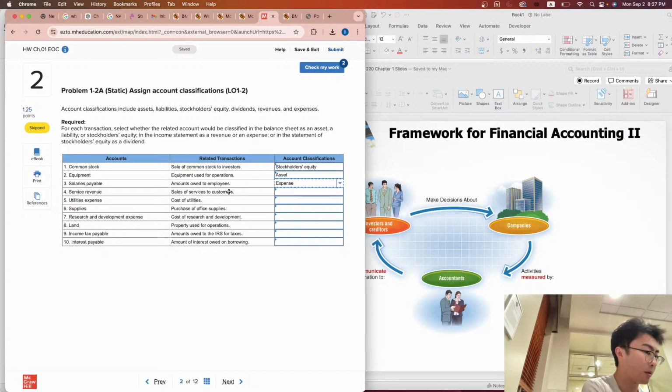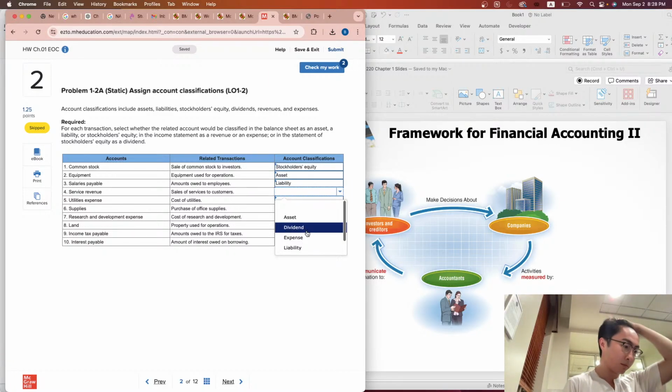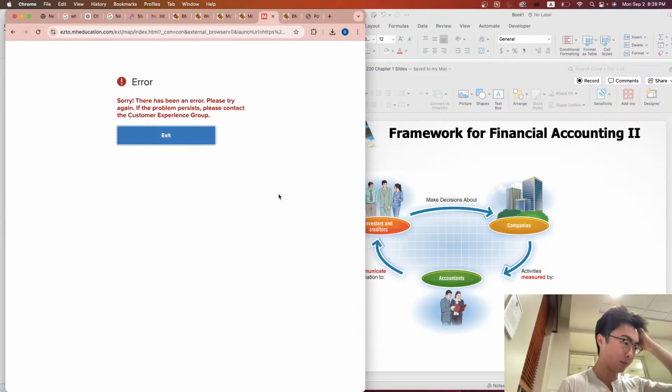Oh, wait. Payments owed to employees. Okay, no, this should be a liability. The actual act of paying it should be an expense. So service revenue, sales of service to customers. So that should be revenue. Oh my god.